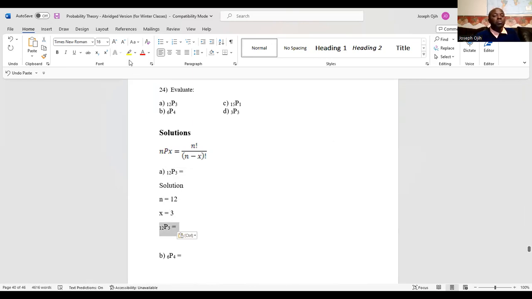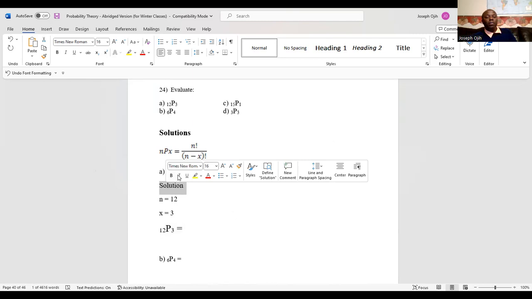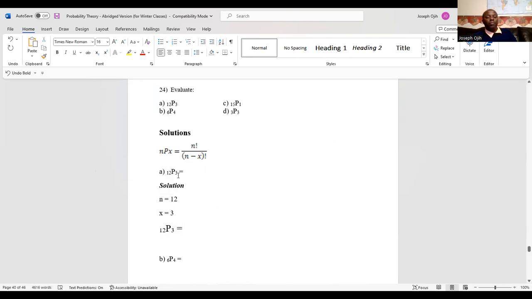You can plug it into this formula here: 12 factorial over 12 minus 3 factorial, and then use your pencil or pen to work it out.